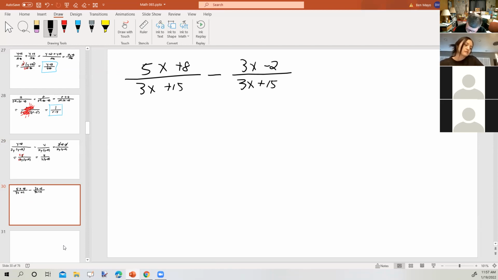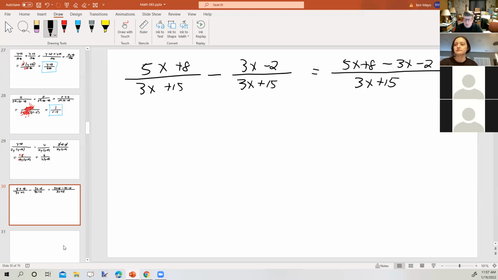Now, the denominator is going to be 3x plus 15, right? Here's where I've got to be careful. This is the typical wrong thing that students write. Can anybody tell me what's wrong with that?